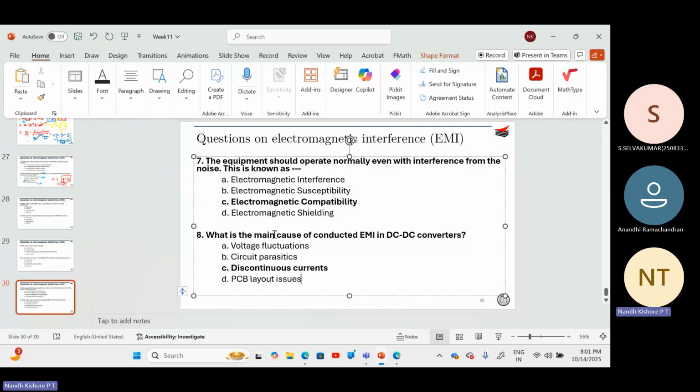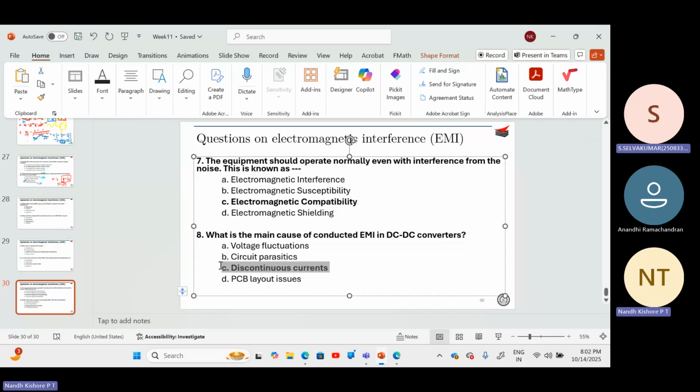So what is the answer for this? Conducted EMI.